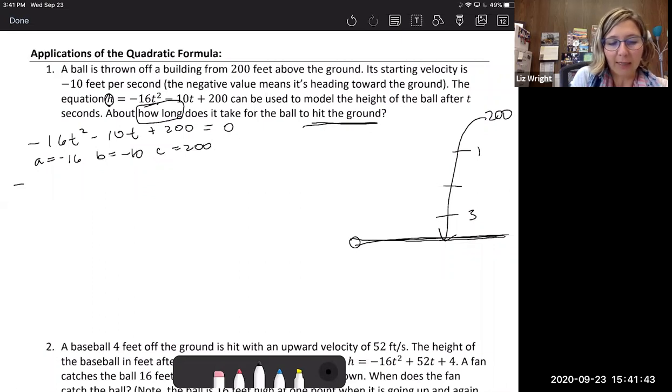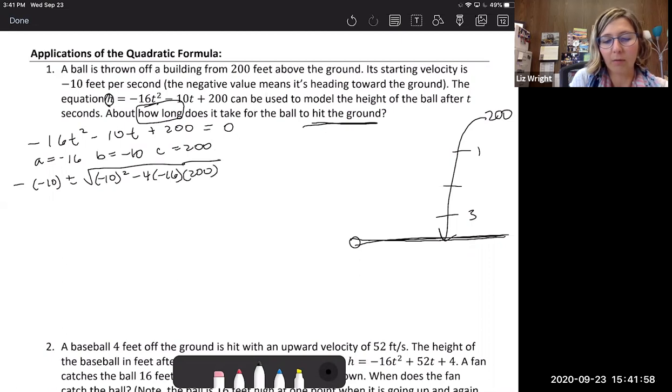So we've got negative b, or negative 10, plus or minus the square root of b squared minus 4 times our a times our c, all over 2a.